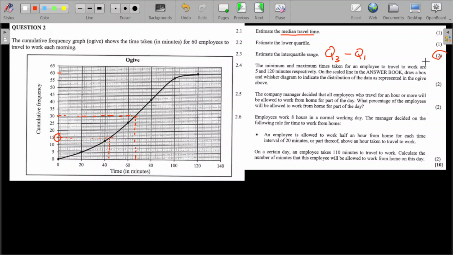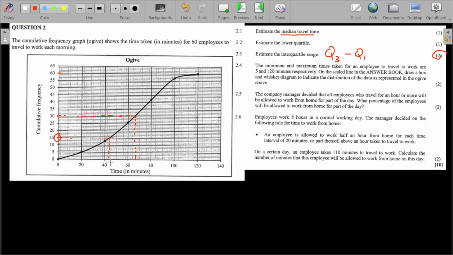The minimum and the maximum times taken by the employees to travel to work are 5 and 120 minutes respectively. On the scale line in the answer book, draw a box and whisker diagram to indicate the distribution of data of this ogive.